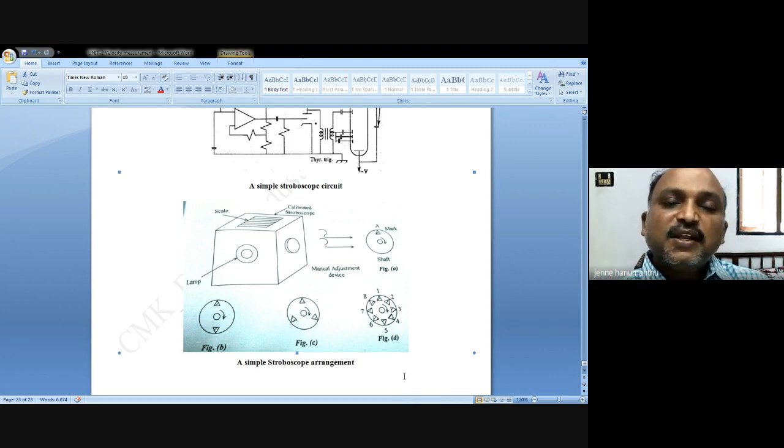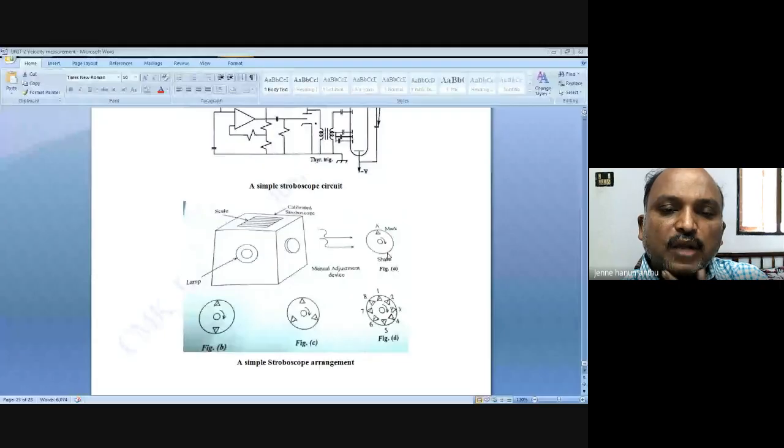Understand the principle? Once again, listen carefully. It is a moving body, for which we want to know the angular velocity or speed. This is the unknown speed we want to measure.